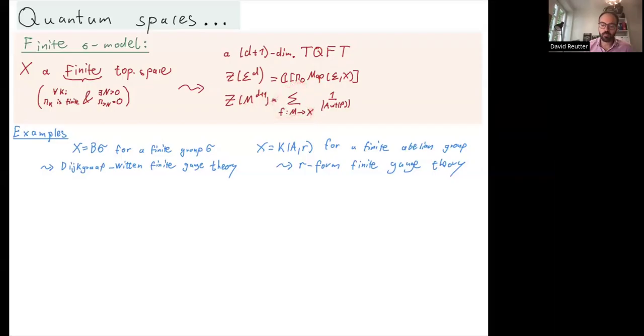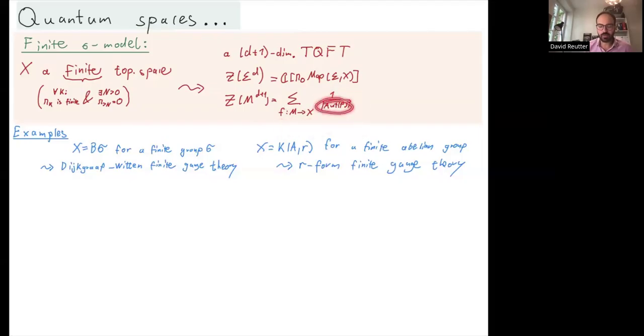So it's a certain weighted count of the space of maps from M to X. When I write sum over f, what I really mean is sum over π0 of the space of maps from M to X, and you weight this by a certain factor.